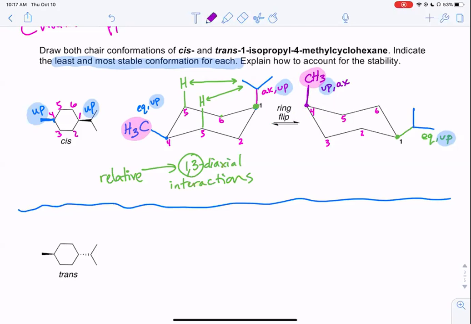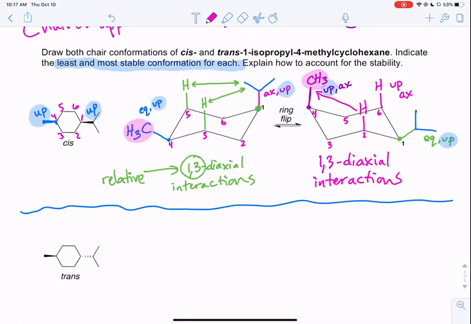This one also has 1,3 diaxial interactions. You will have them anytime you have an axial substituent, and that is caused by the hydrogens that are pointing up and axial that are 2 carbons away. In this case, it happens to be between 2 and 4, causing 1,3 diaxial interactions, and between 4 and 6.